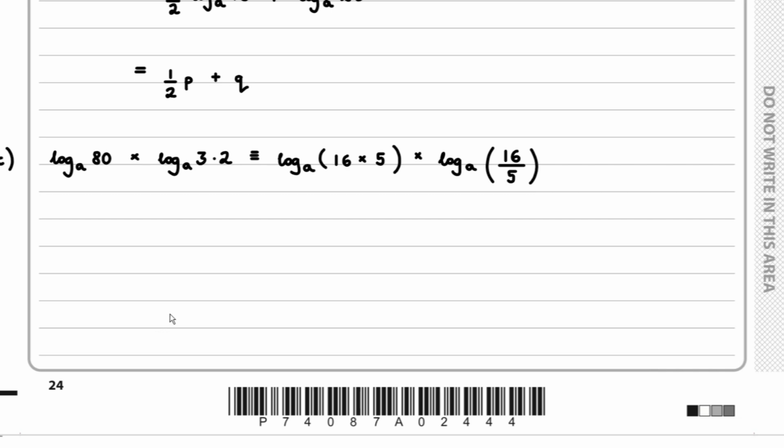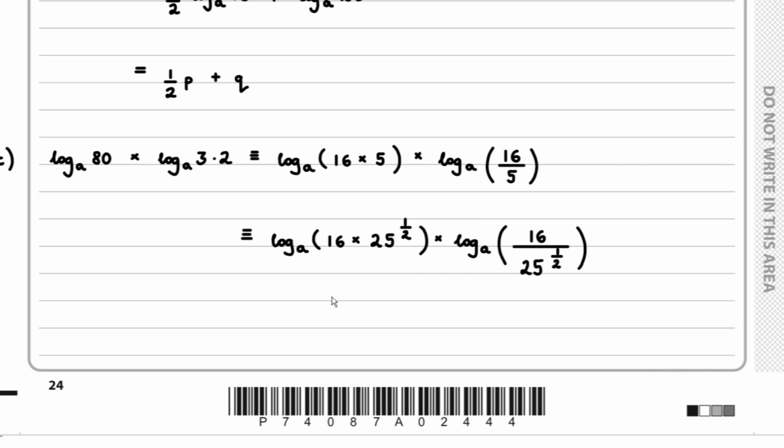So we have log base a of 16 multiplied by 25 to the 1/2. 25 to the 1/2 is the same as 5. And we multiply this by log base a of 16 over 25 to the 1/2. 25 to the 1/2 is the same as 5.